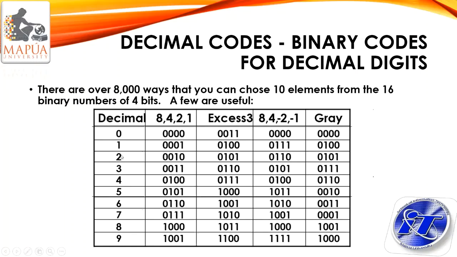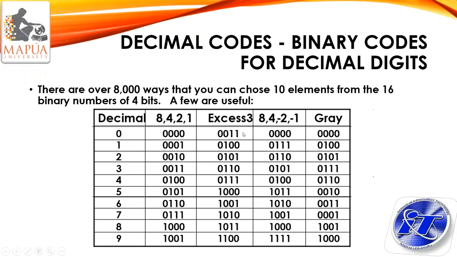So if we code 2, it will be 1 for the weight 2 and the rest 0. For 5, which values do we add? 4 and 1. So 1, 1, and the rest will be 0.